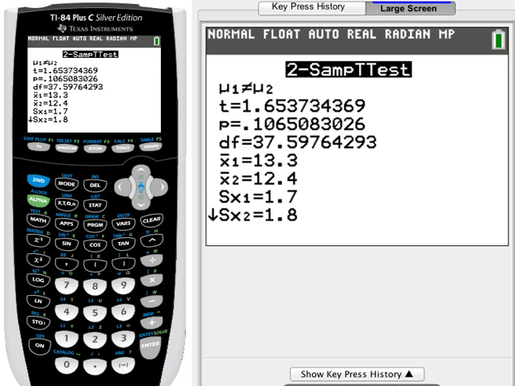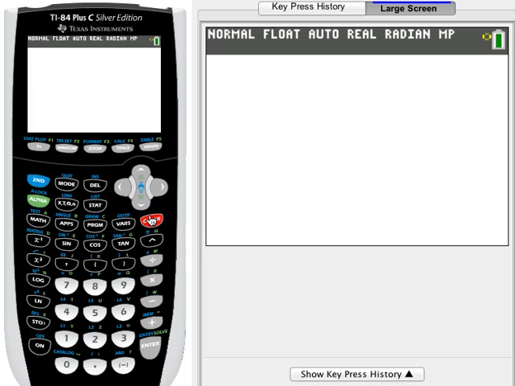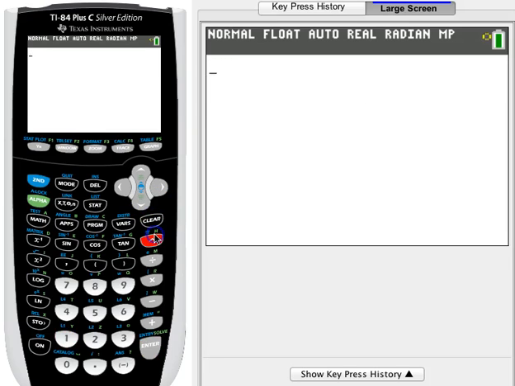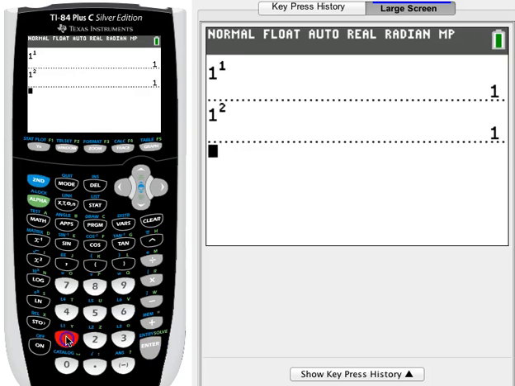Well, let's try 1 to the first power. Nope. 1 to the second power. 1 to the third power. I mean, that has to be right, there's a 3 in the equation. Oh, still 1. So what you're going to notice is 1 to any power remains itself.